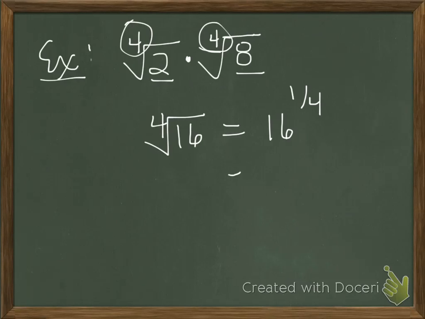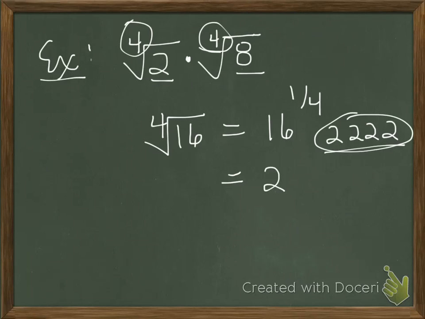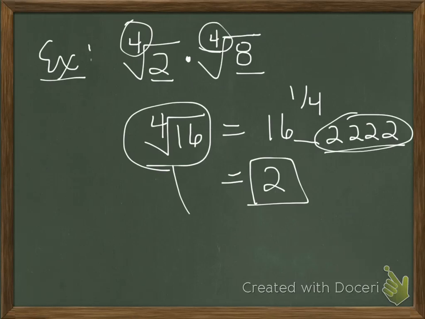And this actually goes a step further, because 16 to the 1/4 power is 2. Because if I multiply 2 times 2 times 2 times 2, if I have 4 2's, it actually gives me 16. So that 16 to the 1/4 power, or the 4th root of 16, equals 2.